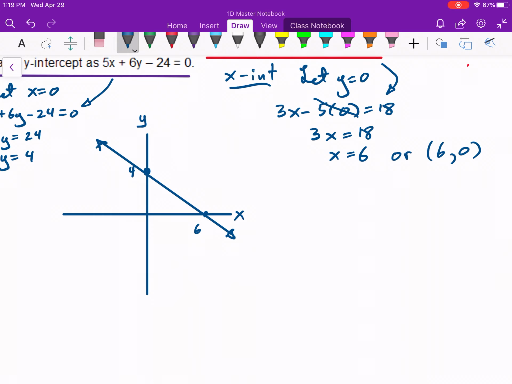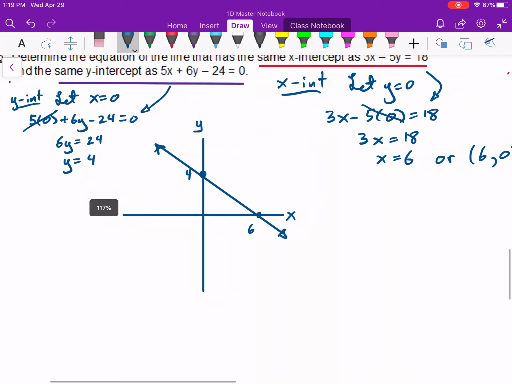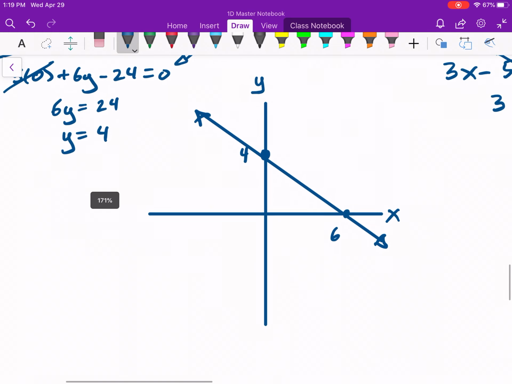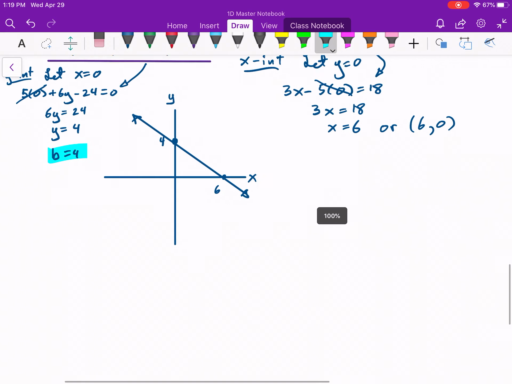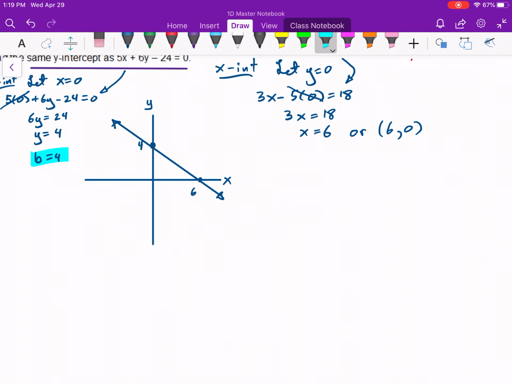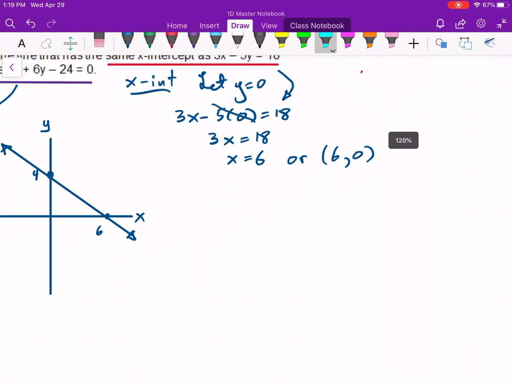So I already know what the y-intercept is. So going all the way back to what I did over here, if y equals 4, that also means that b equals 4, because b is what I use to represent y-intercept. I can see that my slope, if I've done things properly, should be negative. I don't know what the slope is yet, but I can calculate it, because with this x-intercept, I've got that point that I want on the line.